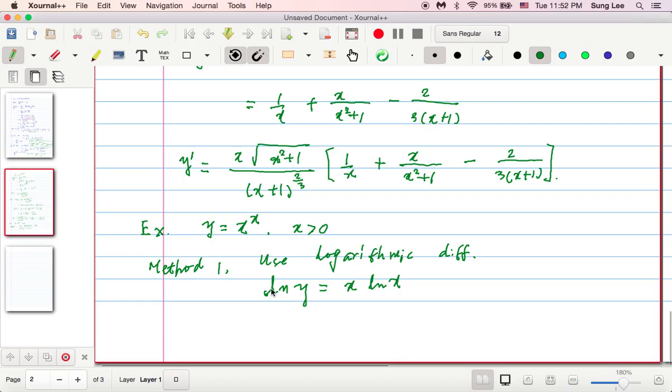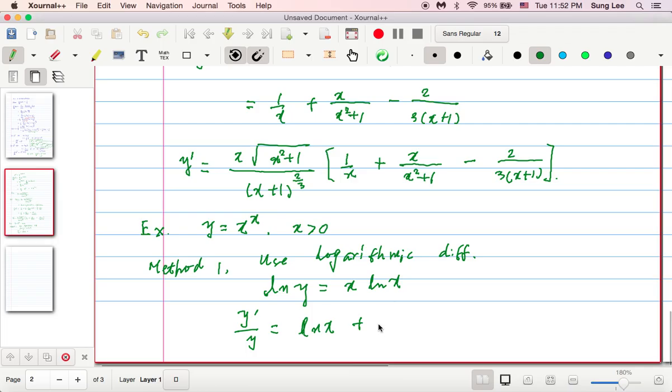And then you differentiate this equation. So the left hand side is going to be y prime over y. Right hand side, by product rule, we have 1 times ln x, since the derivative of x is 1, plus x times the derivative of ln x, which is 1 over x.